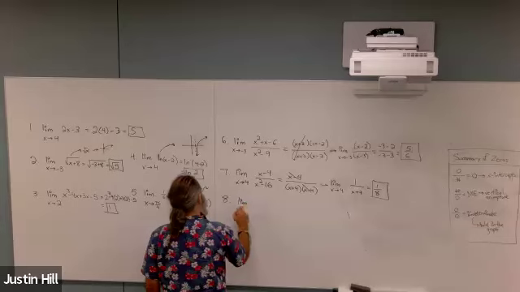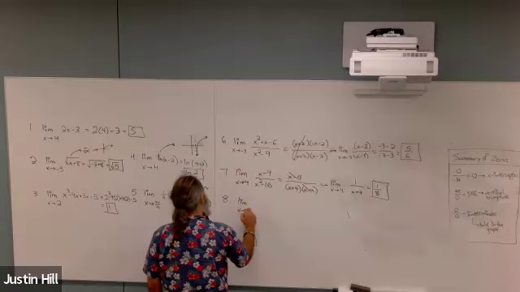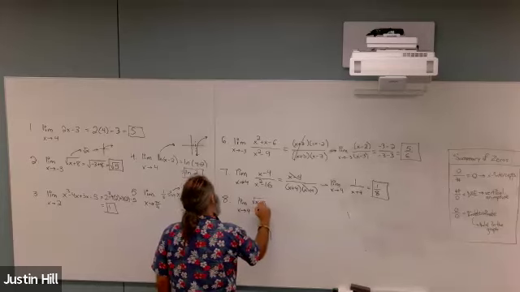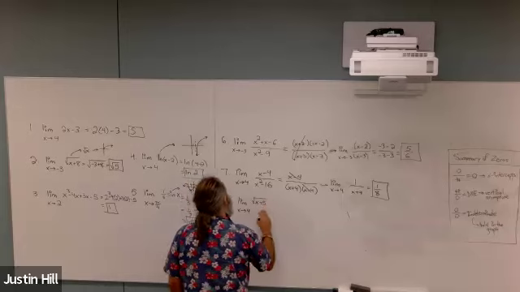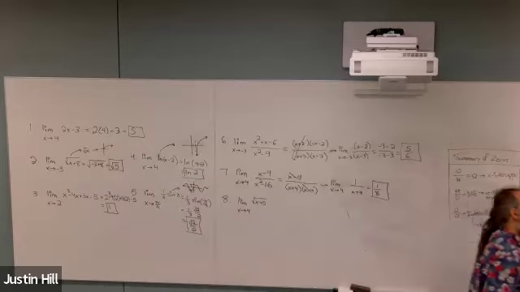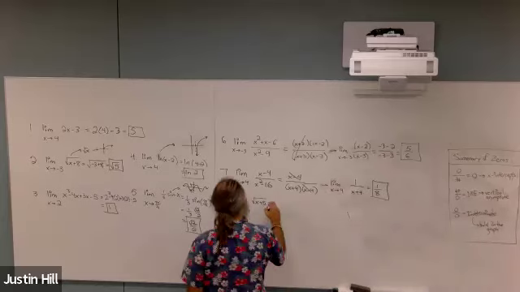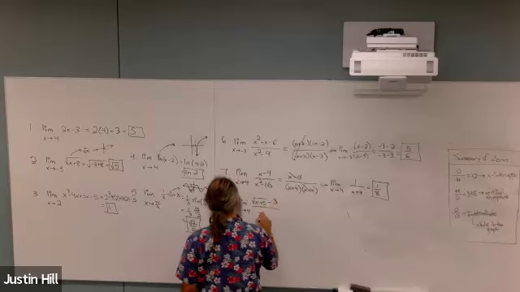Again, we'll do the limit as x approaches 4, but this time it's going to be the square root of (x plus 5) minus 3, over x minus 4.